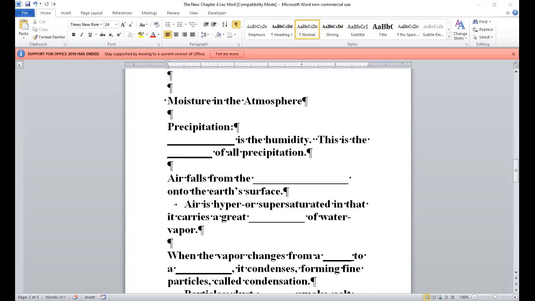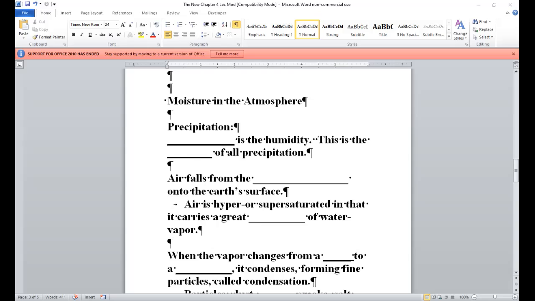Precipitation is water in any form: rain, sleet, snow, hail, which gets deposited right on the Earth's surface. Well, let's take a look at that precipitation here. Look at your fill-ins. Water vapor is the humidity. Water vapor is the humidity. And this is the origin of all precipitation.